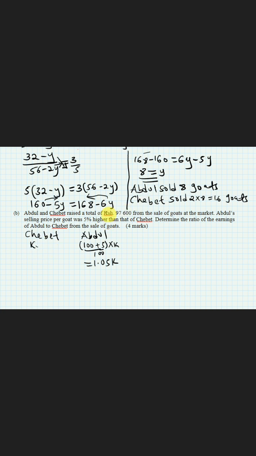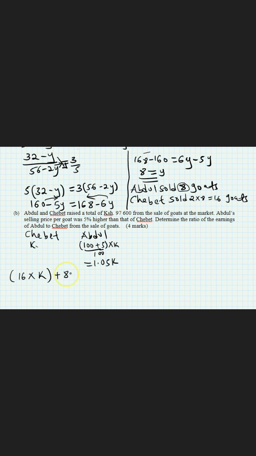So we are told that when they sold those goats, this is the total amount that they raised. We know that Chebet sold 16 goats. The selling price was K. So plus, for Abdul, he sold 8 goats.